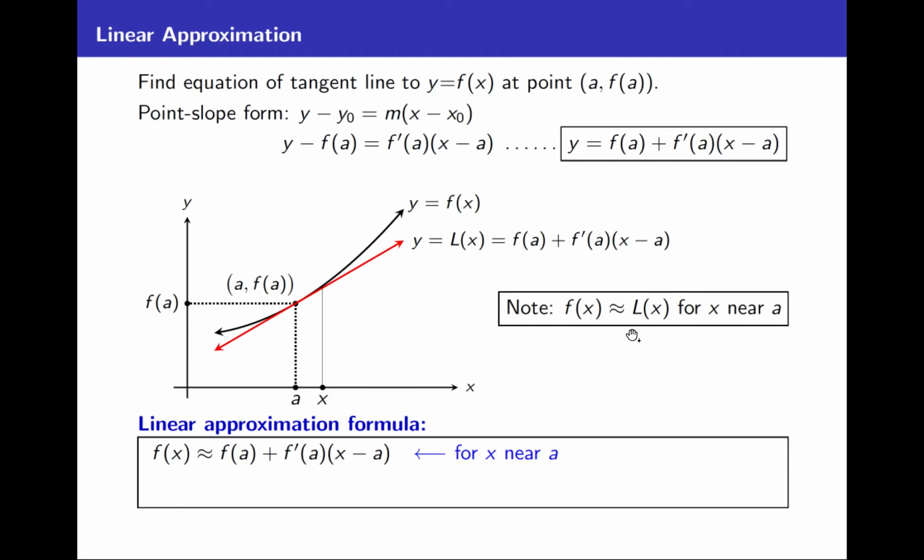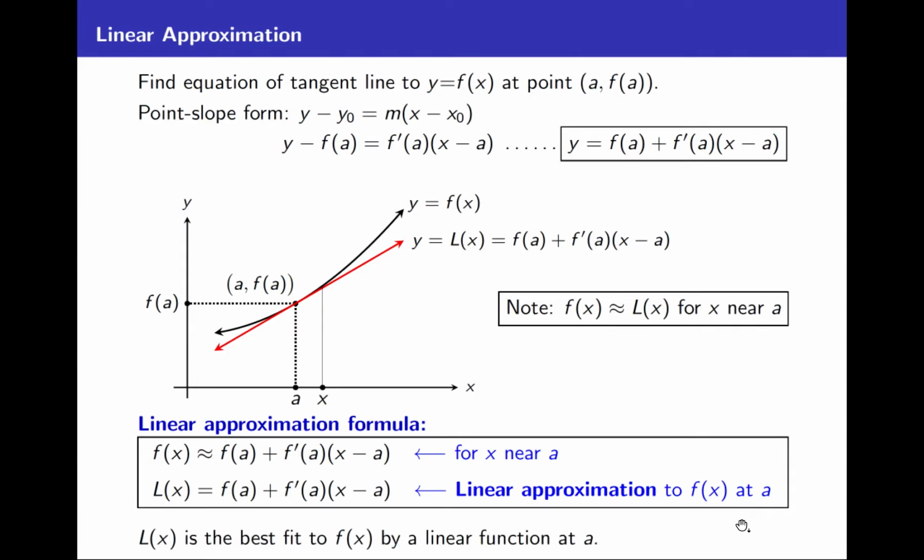And this linear function, we're denoting it as L of x. L of x is f of a plus f prime of a times x minus a. And this function, L of x, is called the linear approximation to f of x at a. The way to think about it is that L of x is the best fit to f of x by a linear function at a.